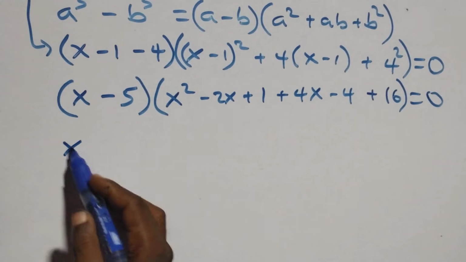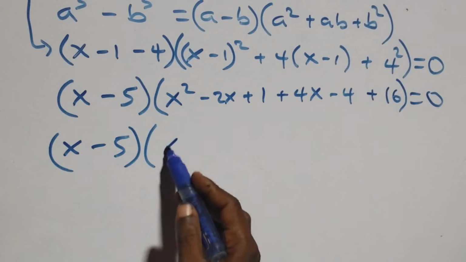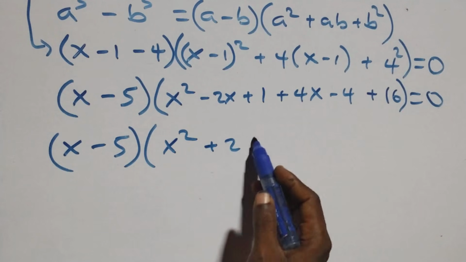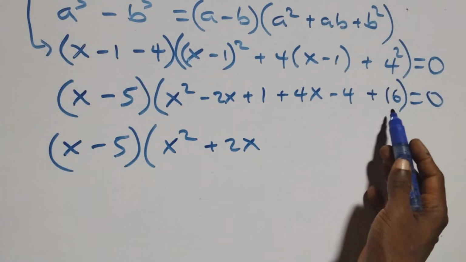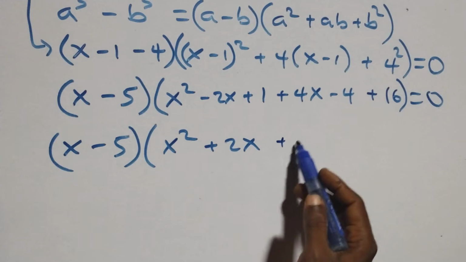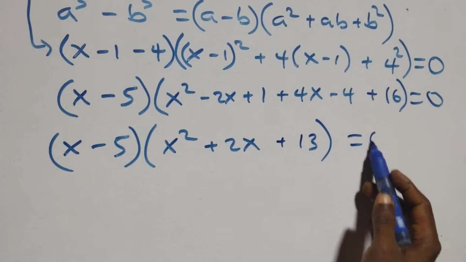So we have x minus 5 into bracket, open bracket, x squared minus 2x plus 4x, that gives us plus 2x, and we have 16 minus 4, that's 12, plus 1, that's plus 13, close bracket, equals 0 here.